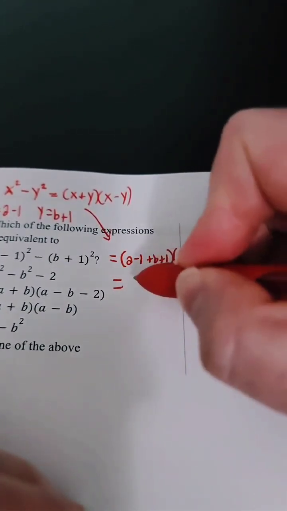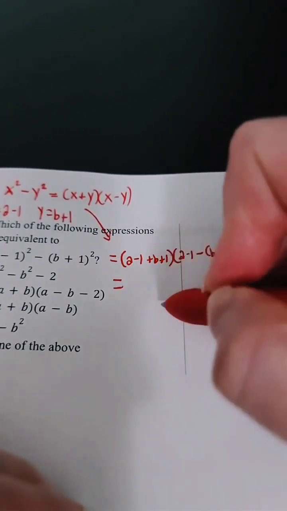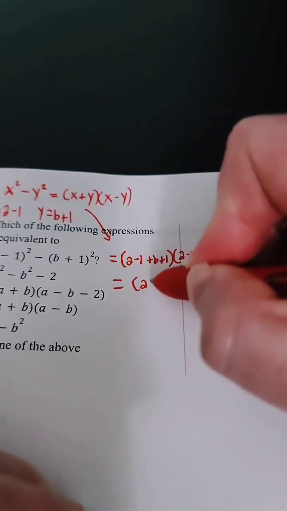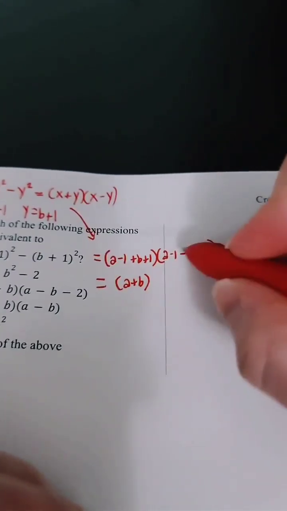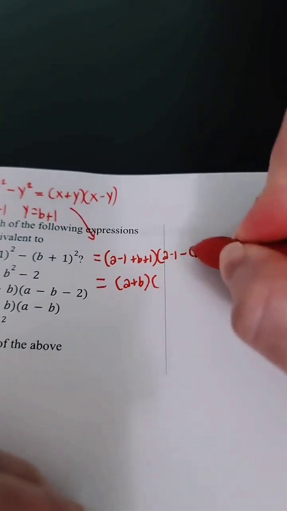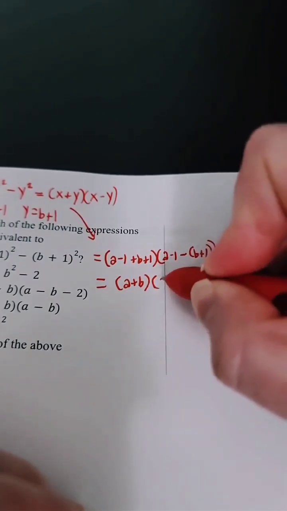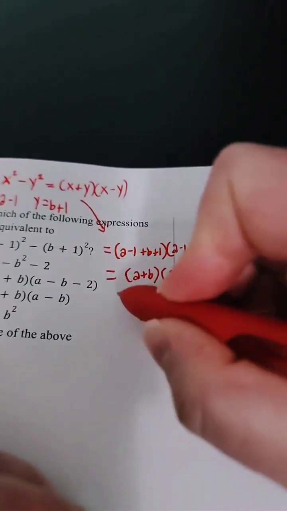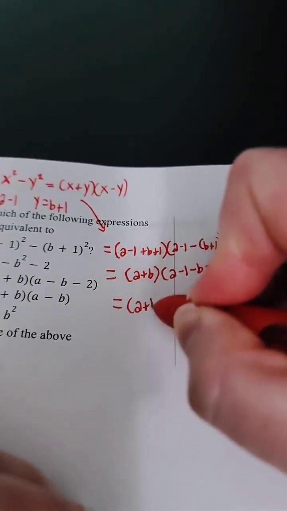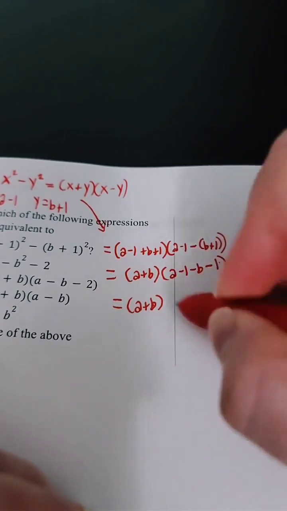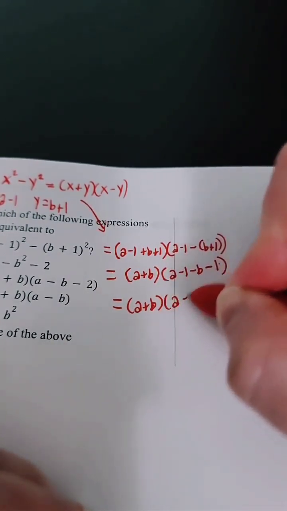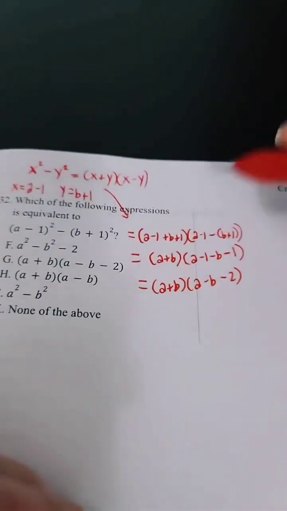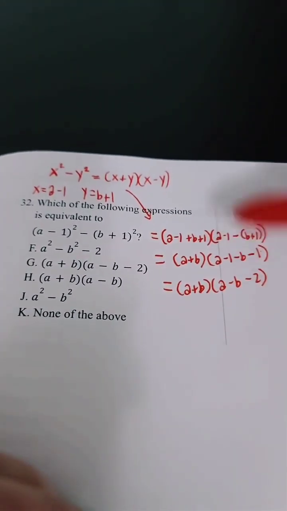So I'm going to say a plus b, and then the negative 1 and 1 cancel out. So it's just a plus b. And then over here, minus has to go to each of these. So this is technically a minus 1 minus b minus 1. And then if I keep going, negative 1 minus 1 is just negative 2. So it's going to be a minus b minus 2. So then it would be G.